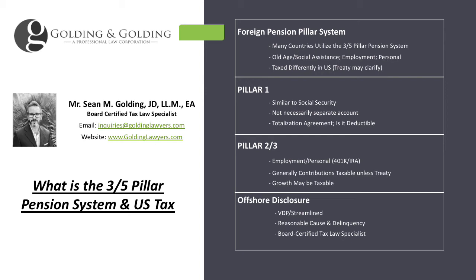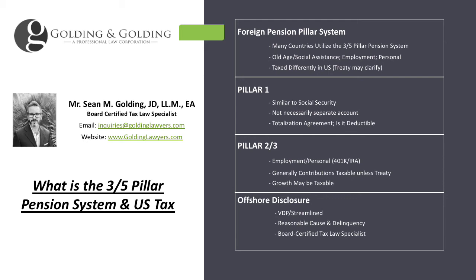Pillar 2 and Pillar 3 are more of your occupational and private pension. The Pillar 2 is a 401k equivalent. Pillar 3 is personal. So the idea is, in these foreign countries, they have the 401k equivalents. Now, in the U.S., you make $100,000, you put 10 of it into a 401k, that 10 is not going to be grossed up in your salary, you only pay tax on the $90,000.